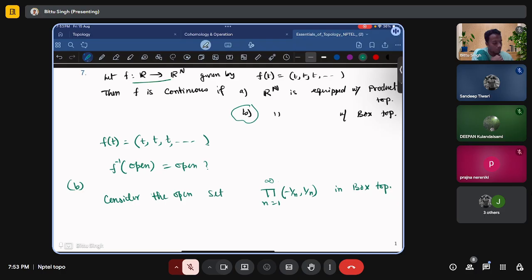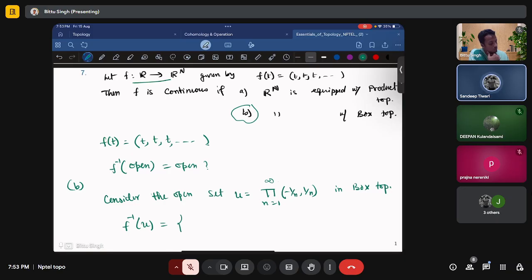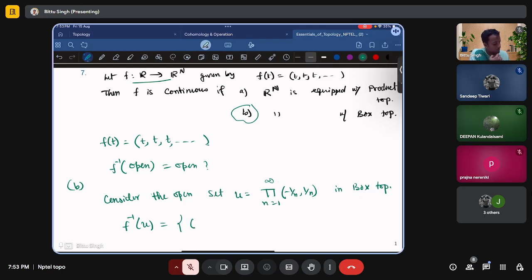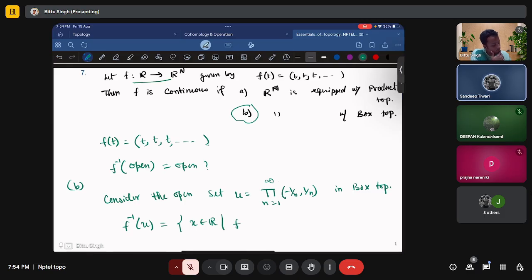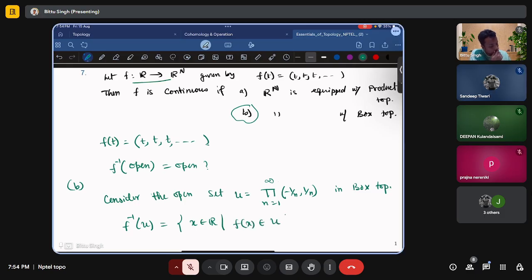Now this is U. So what is f inverse of U? It will look like this: x such that f of x belongs to U, where the domain is R.